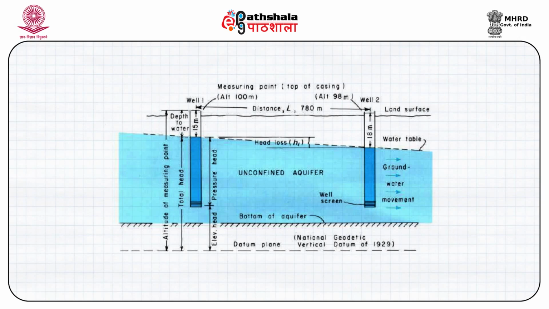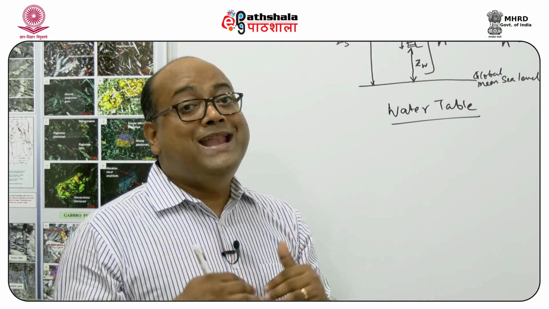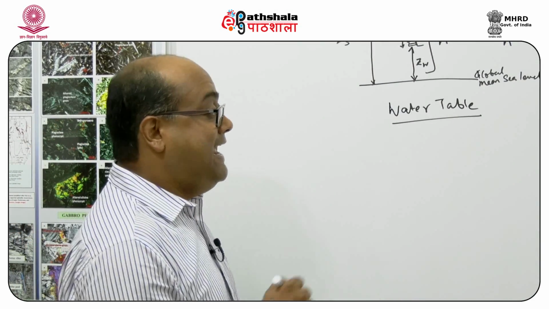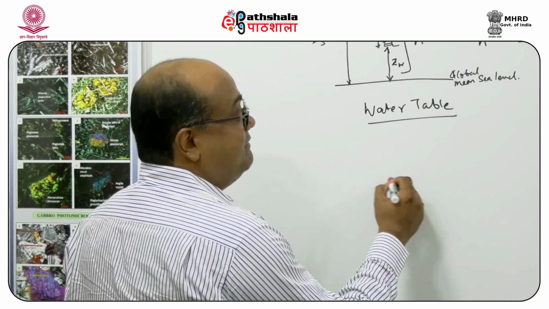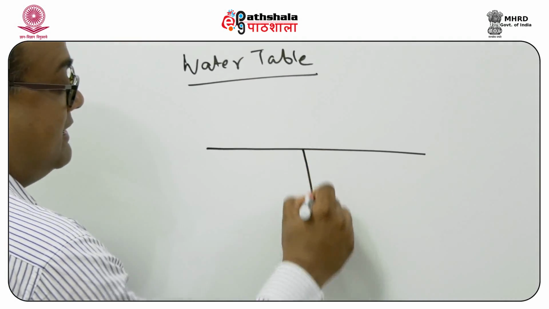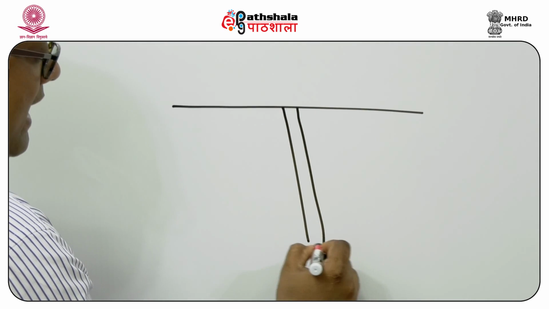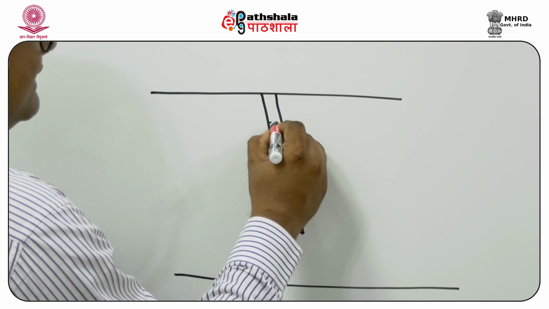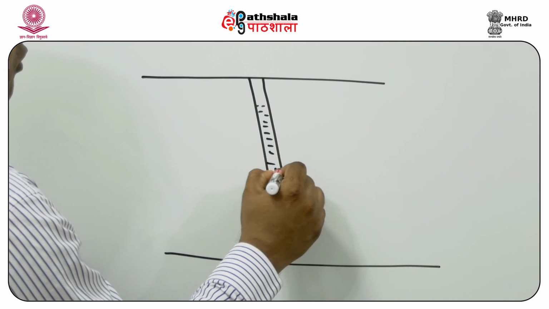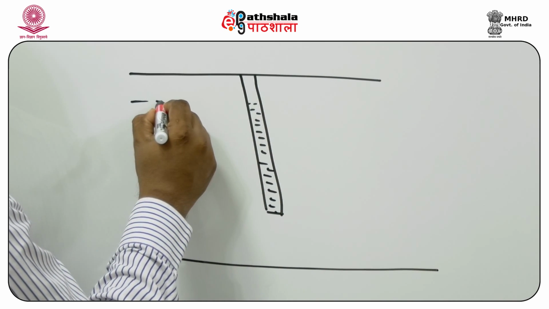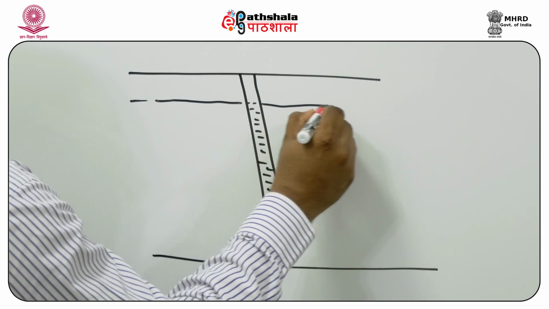Now the question is, what happens when I pump out water from a well? So if I take a similar diagram in which I am showing that this is my surface, this is the well in which there is water standing here, and this is the representation of my water table.